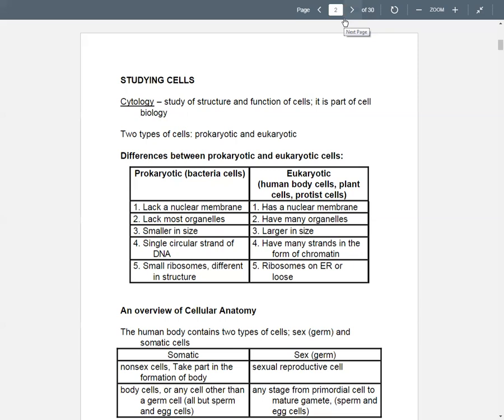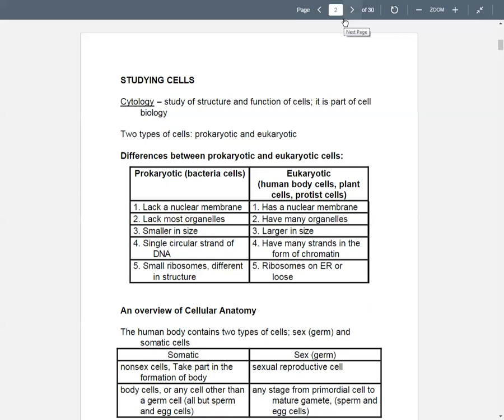One of the ways that they differ is in a nuclear membrane. Prokaryotes lack a nuclear membrane. Eukaryotes have one. Prokaryotes lack most organelles. Eukaryotes have many organelles. Prokaryotes are small relative to eukaryotes; the eukaryotes are larger.